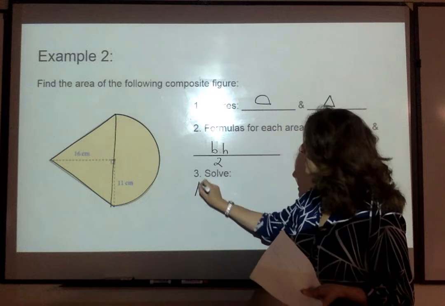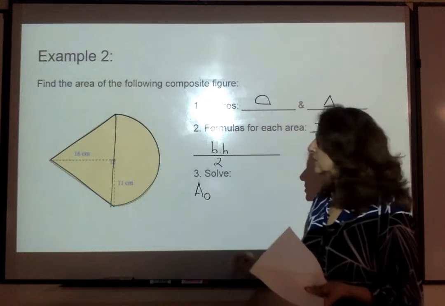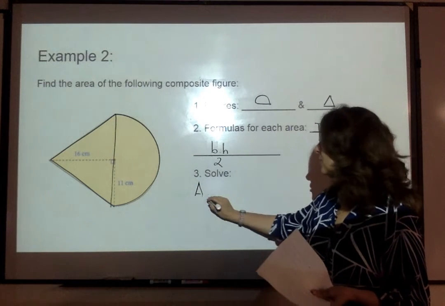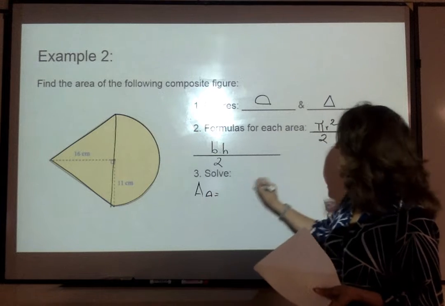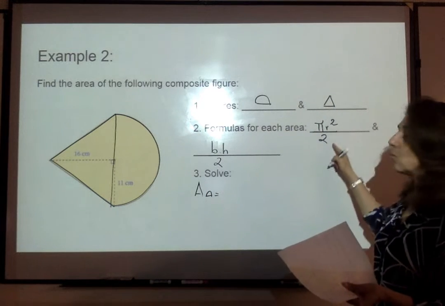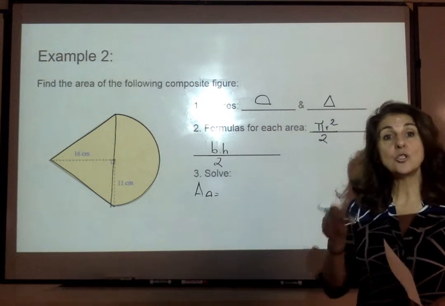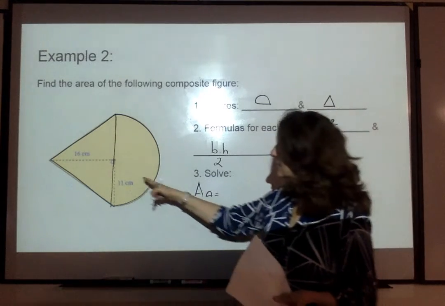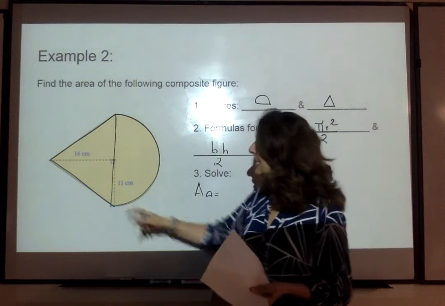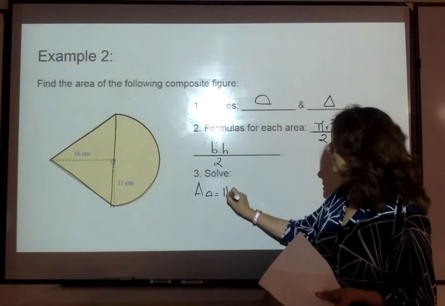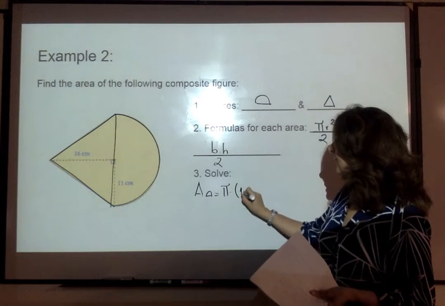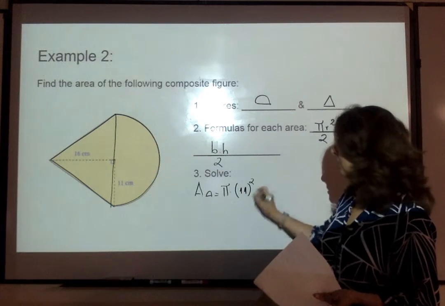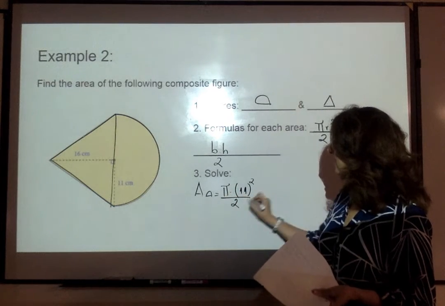So the area of the semicircle, not the entire circle, is going to be pi r squared divided by 2. And what is my radius here? My radius is given and it is 11 centimeters. So this is pi times 11 squared divided by 2.